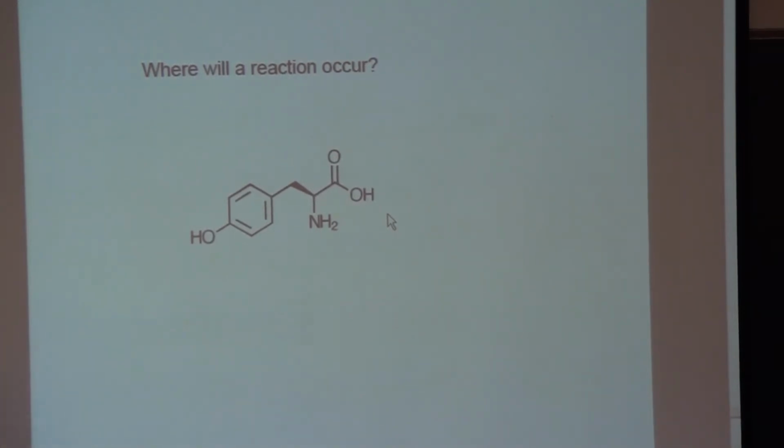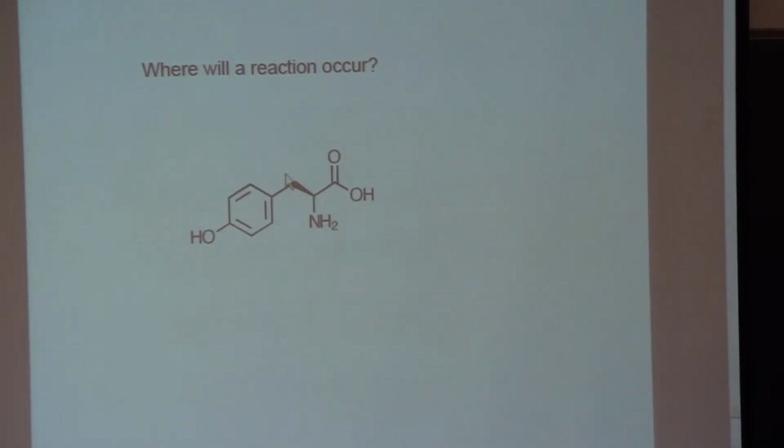Okay, so how does this compound react with HNO3 and H2SO4? Yes, that's the nitration reaction. So on which position, on which atom will the nitro group go? Ortho to the OH or ortho to that one?